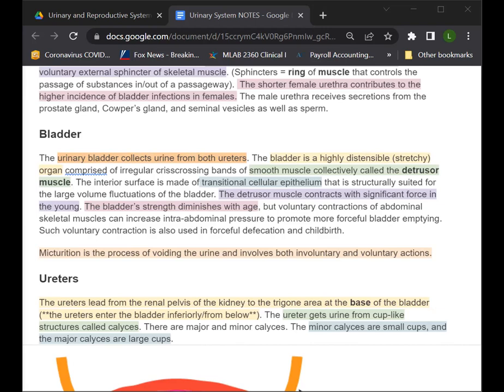Transitional epithelia is what makes the bladder very stretchy, and that gives it the ability to expand and deflate like a balloon. Okay, that's it to know for the bladder.